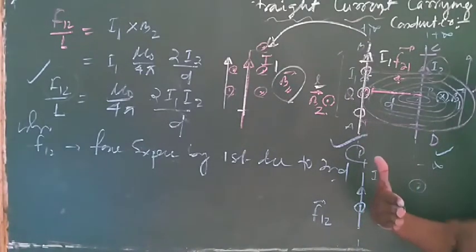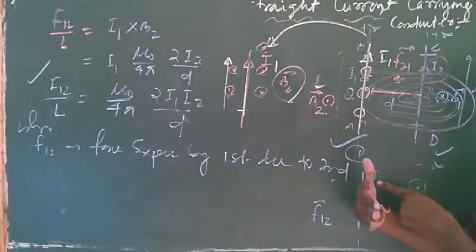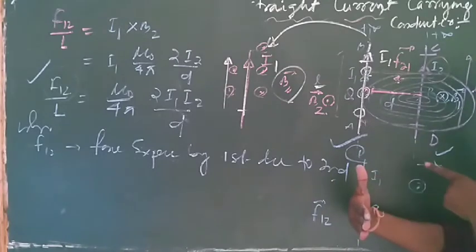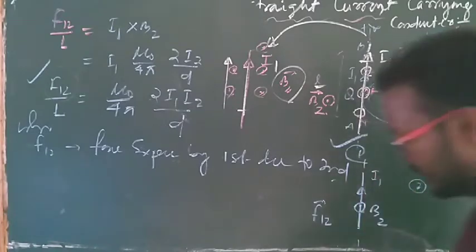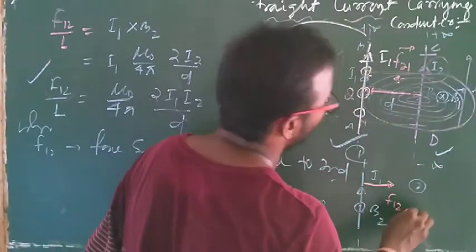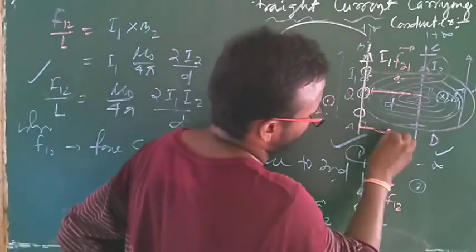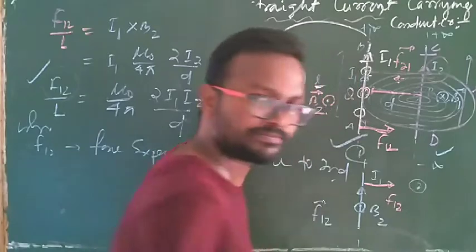So the force experienced by this conductor, F12, is in this way. This conductor experiences a force in this direction, that is F12.